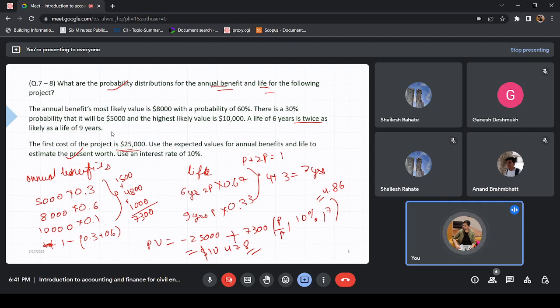Do you get that point? Anybody? Either you explain what we did, or you tell me what is missing.